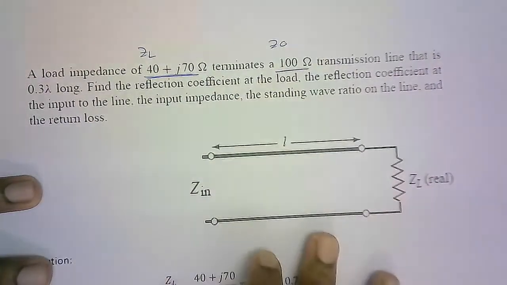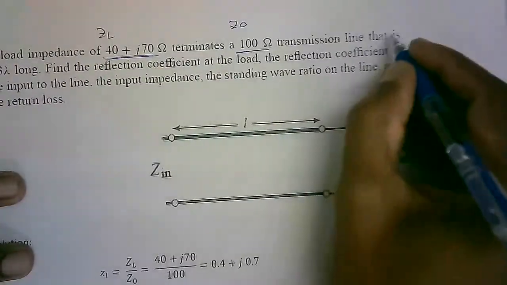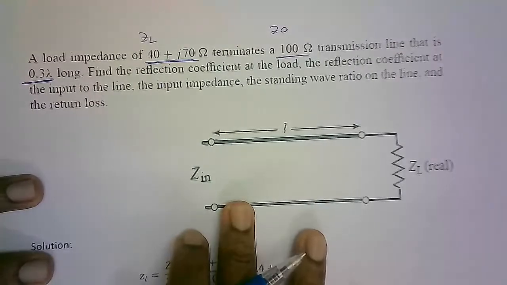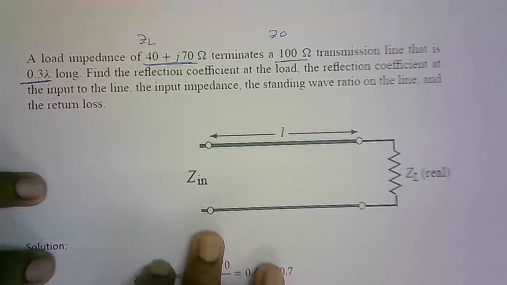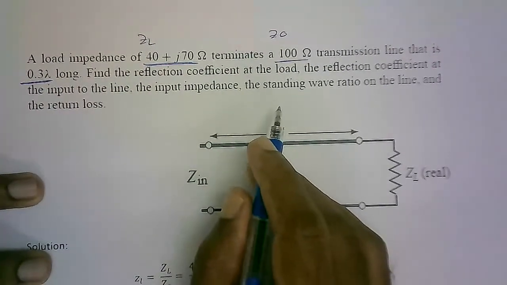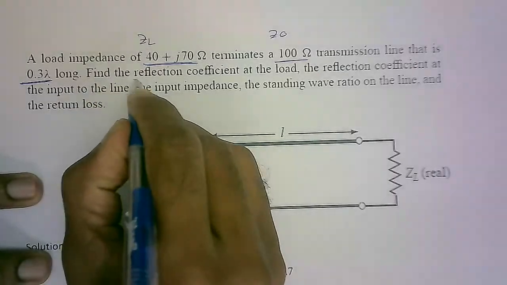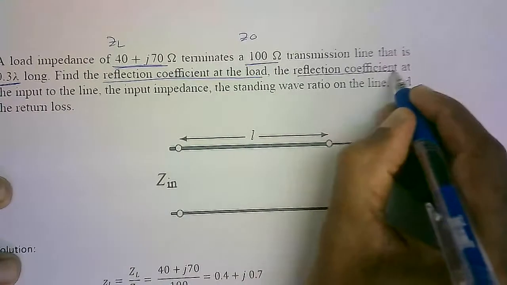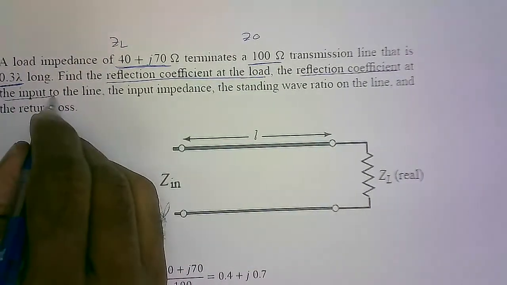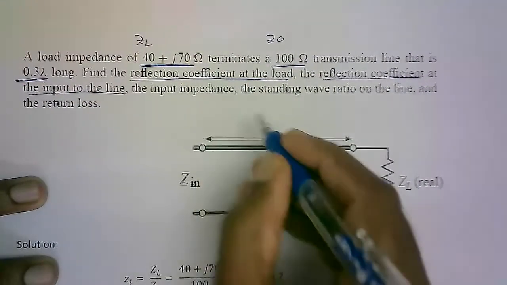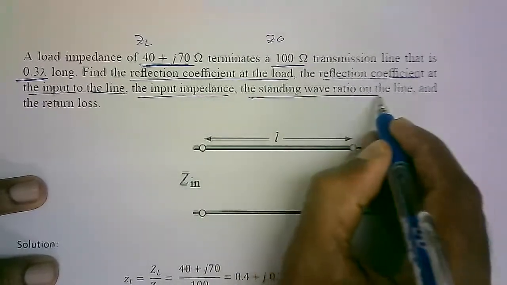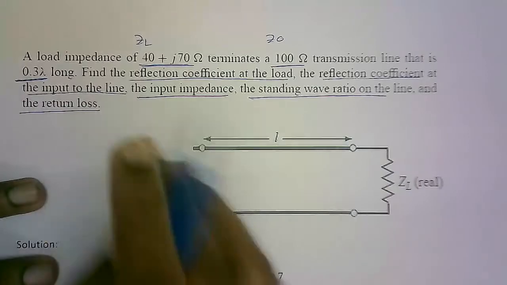Okay, and the line is this lambda long. You have to find the reflection coefficient of the load, the reflection coefficient of the input of the line, the input impedance, and the standing wave ratio, and the return loss.